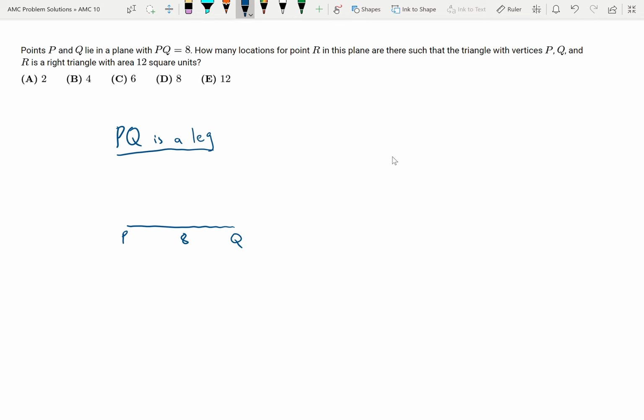I know the area of the triangle is 1/2 base times height, which equals 12 from this problem. The base is going to be 8 because I'm saying it's a leg of that right triangle. And now it's just about finding the height. So I know the height has to be 3 from solving.